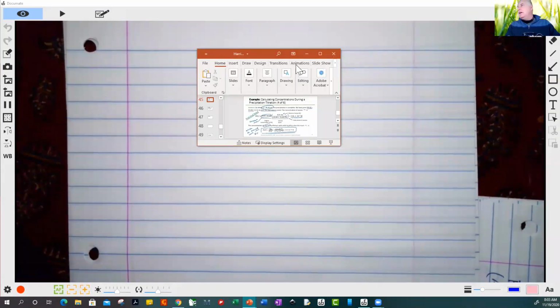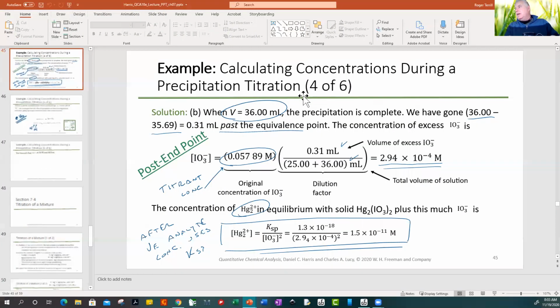I was going through some stuff the other day, and it occurred to me that there is a trick sort of hidden in the weeds here, which is that there's basically 3 points in any given titration where you're going to be asked to calculate the titrant concentration or the analyte concentration.